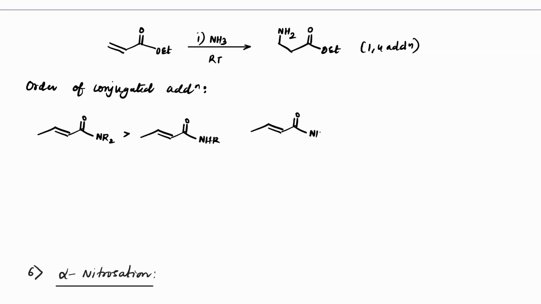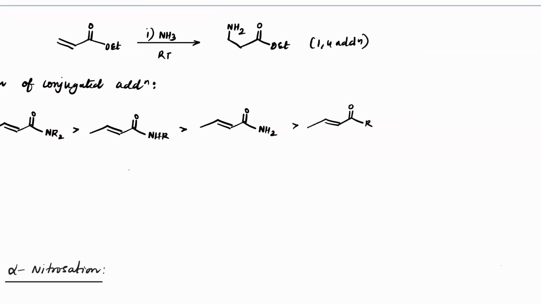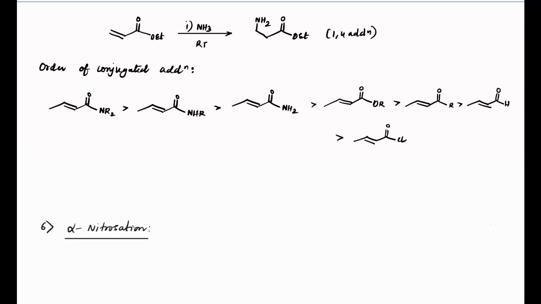So this is the order, and then we will have ketone here. Sorry, I mean ester first, OR, then ketone, then aldehyde, and the least comes acid chloride. So this is the order. This is the conjugate addition order.